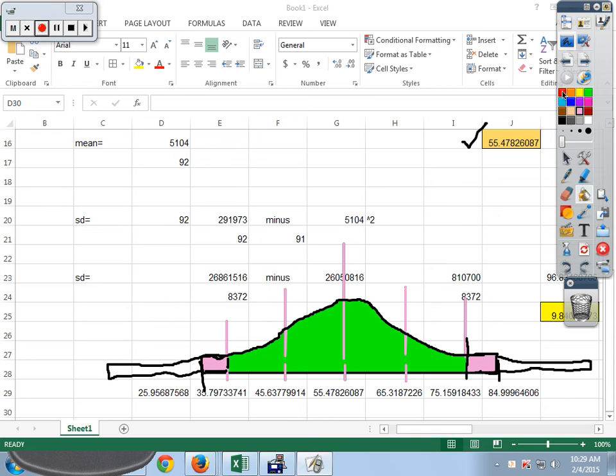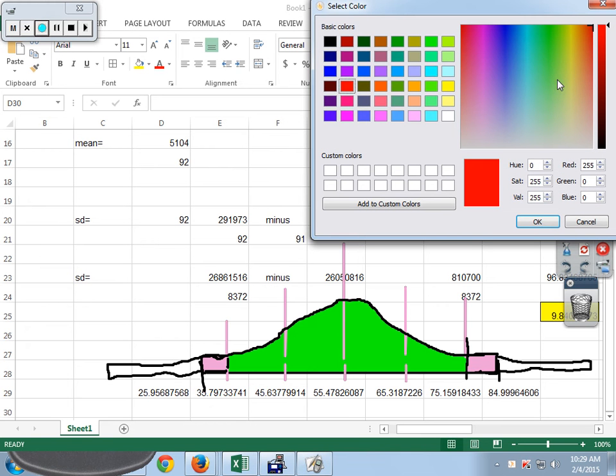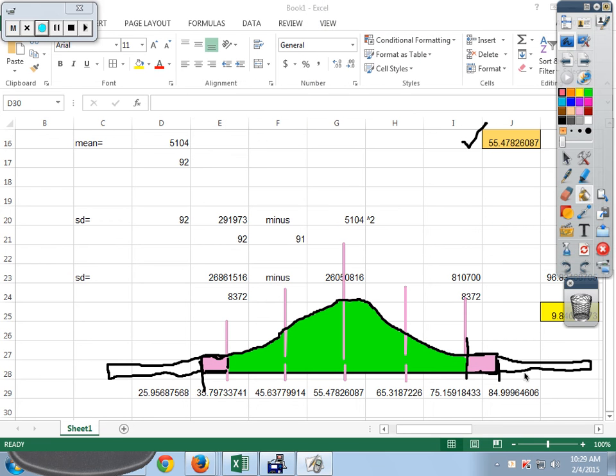No, I don't like that red. It's too bold. Hold on a minute. Where's more colors? What happened to more colors? Let's go with that color. So there is your.